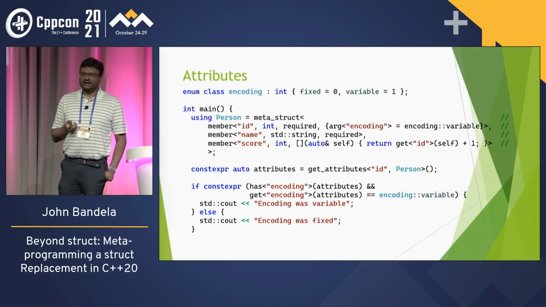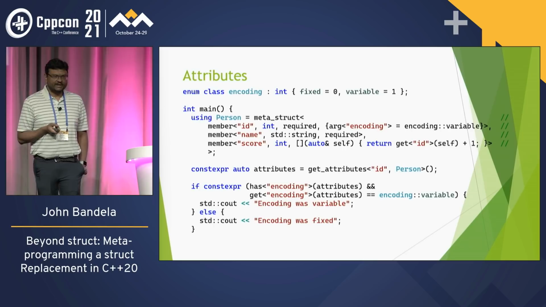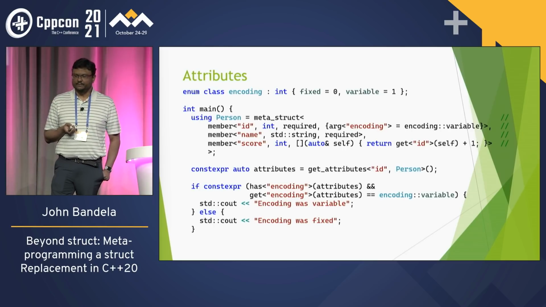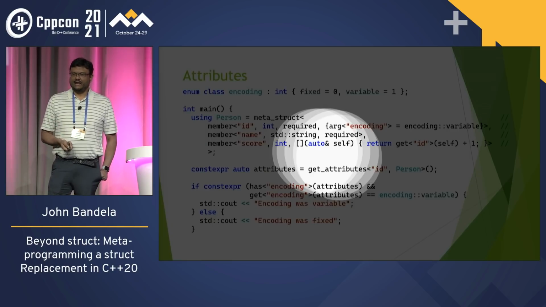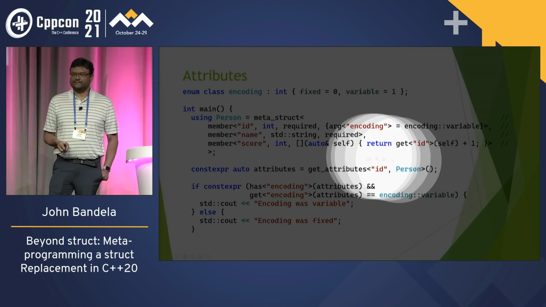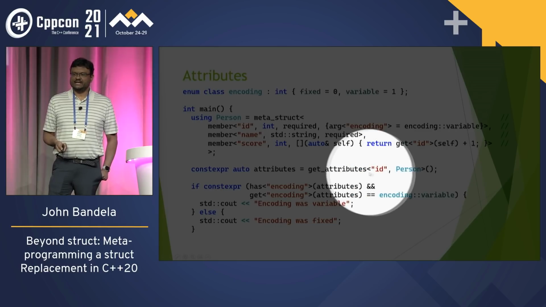So for the ID, we want to specify that the encoding should be variable. We say arg, and after that we do braces, and we say arg encoding equals encoding variable. Then we can go down here and say, give me the attributes for the ID field inside person.